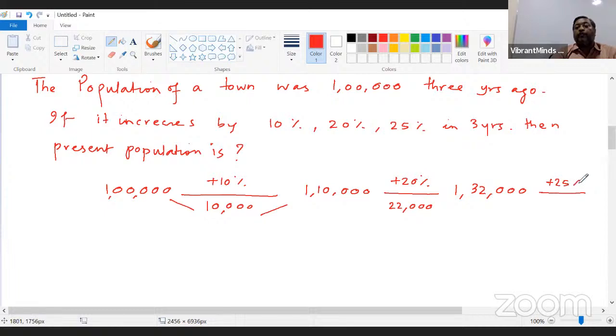Again, a 25% increase. That means 10% is 13,200. 25% means 1/4 of this. So let's find out what is 1/4. Divided by 4, what do we get? 4 3s are 12, and 33,000.